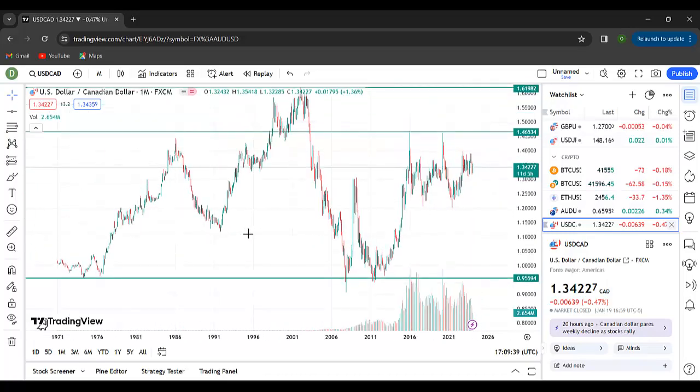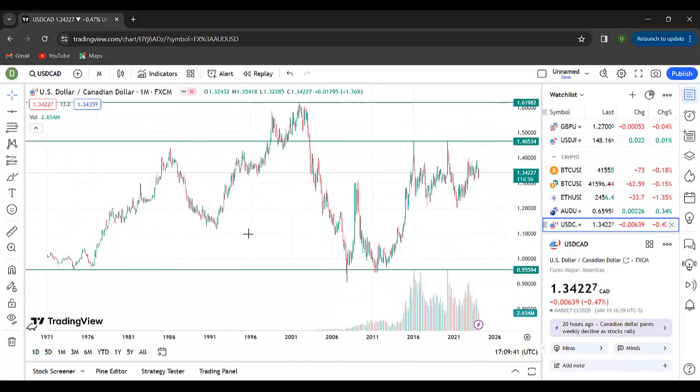Now, you can easily tell that this looks currently like a downtrend. Why? Because there's a change of character here, right?